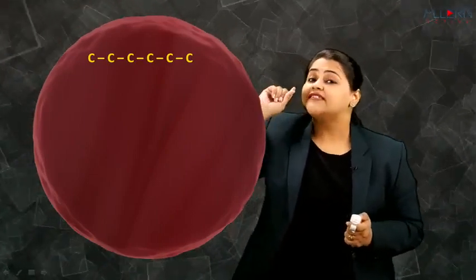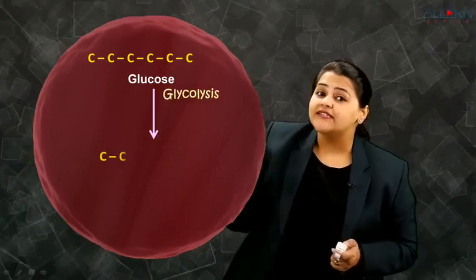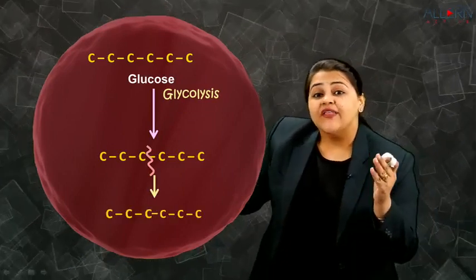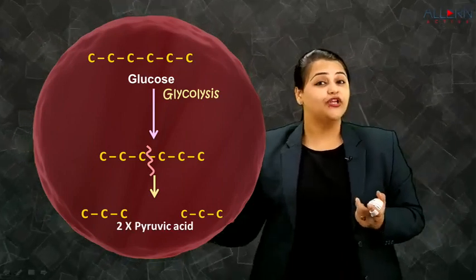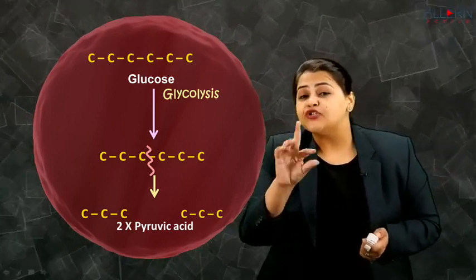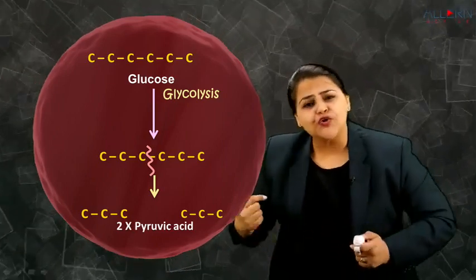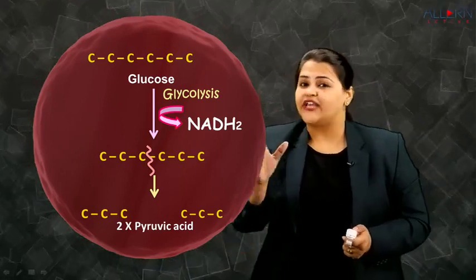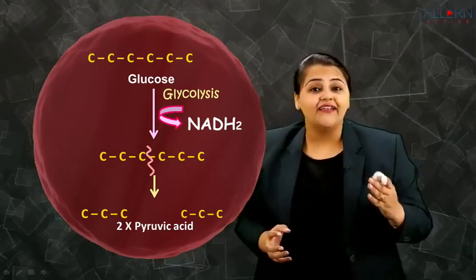So, come on, let's take another revision. We have 6-carbon glucose. This will undergo the process of glycolysis. And in glycolysis, we will be forming 3-carbon pyruvic acid molecules. How many molecules? 2 molecules of 3-carbon pyruvic acid. And this is also going to release an indirect form of energy, and that is NADH2, which is nicotinamide adenine dinucleotide.